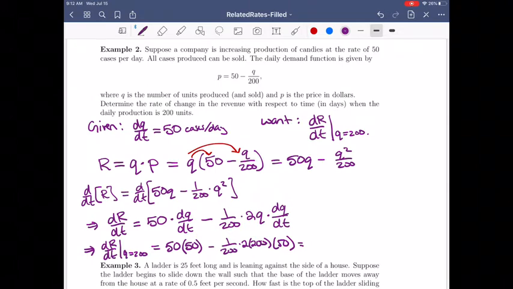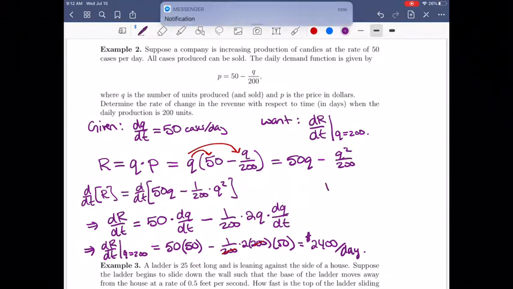These 200s cancel out here. So I get 2500 minus 100, so I'm going to get 2400. That's my answer. Now, what are the units? The revenue is in dollars, and the time was in days, so this is dollars per day.